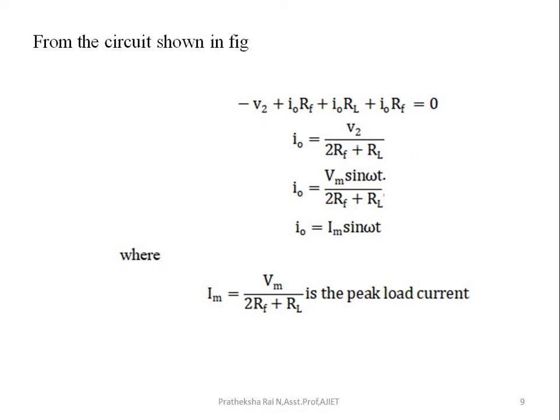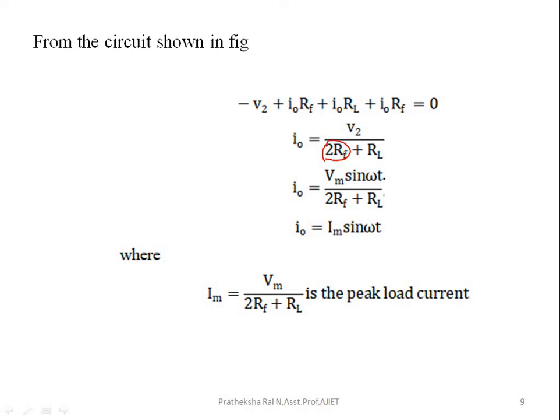Very important, students: for the bridge rectifier, since the output is produced due to two diodes, we write V2 divided by 2RF, because two forward resistances come into the picture.